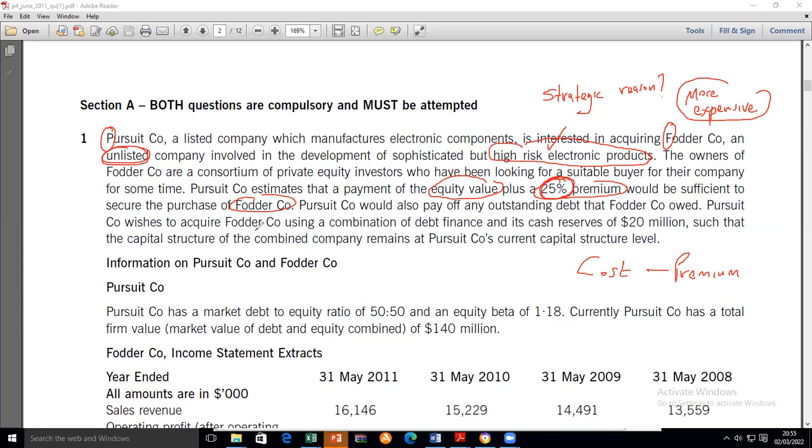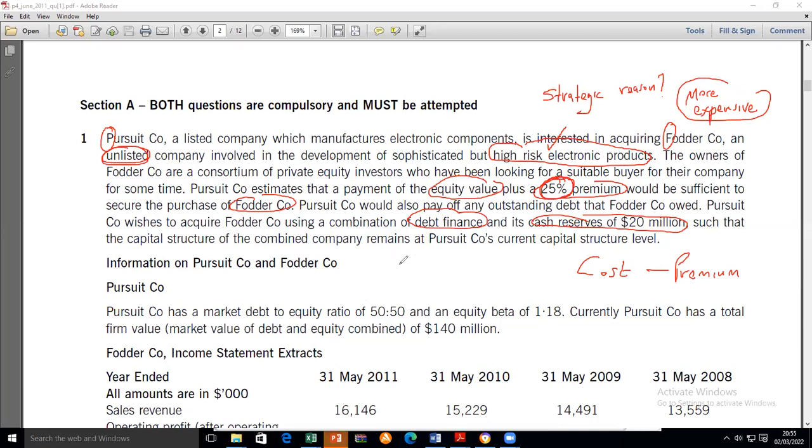P company wishes to acquire F company using a combination of debt finance and cash reserves of 20 million. Now, we have discussed this issue, but whenever there's an acquisition, the examiner wants you to think about financing.